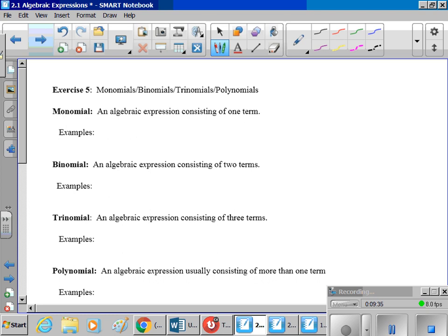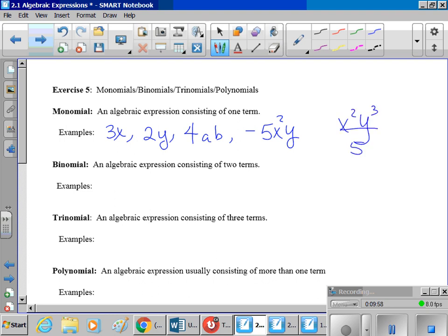Moving on. A monomial is an expression consisting of one term. So something that looks like 3x, 2y, 4ab, negative 5x squared y, or something like x squared y cubed divided by 5.